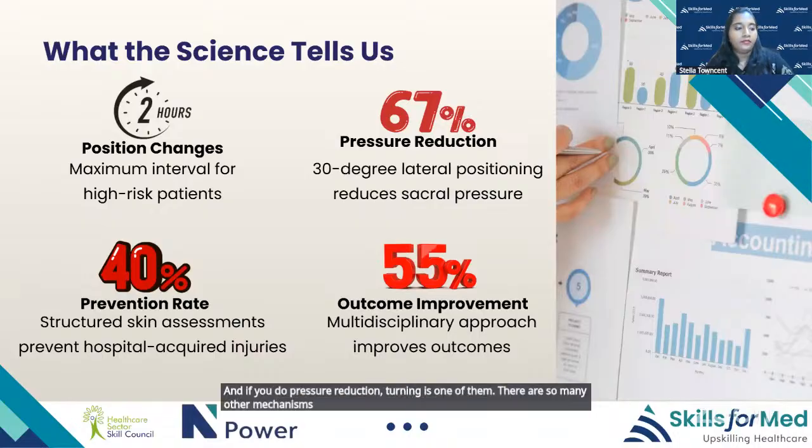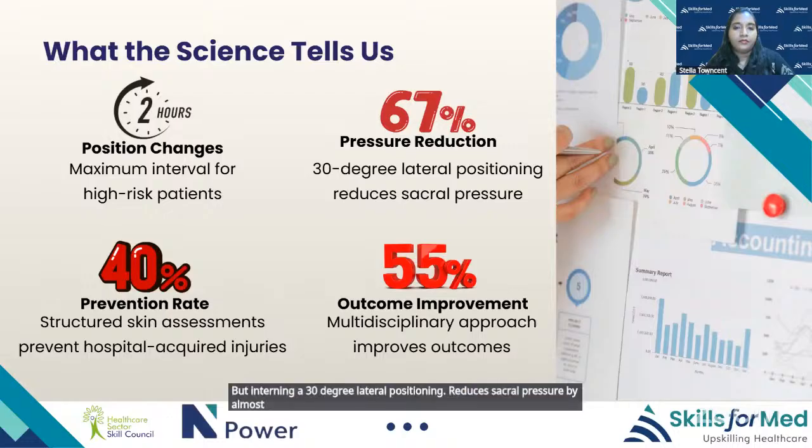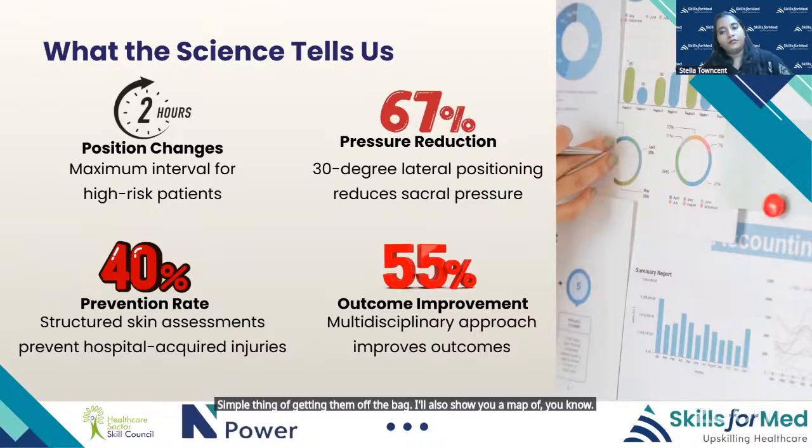We are not going to go into detail. But in turning, a 30-degree lateral positioning reduces sacral pressure by almost 70%, 67%. Simple thing of getting them off the back. I'll also show you a pressure map, which shows how high the pressure in the sacrum is.